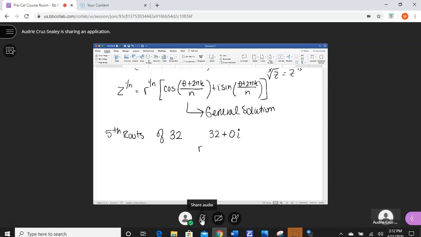To find r, it would be the absolute value of this complex number, which would give you the square root of 32 squared plus 0 squared, which is just equal to 32. So r is 32. To get theta, it would be tangent inverse of 0 over 32, which is tangent inverse of 0, which is going to equal 0.